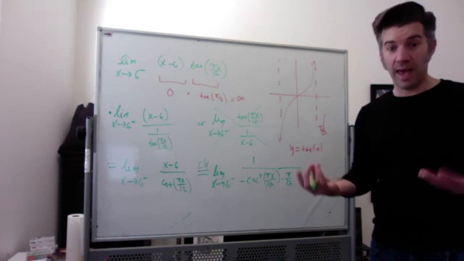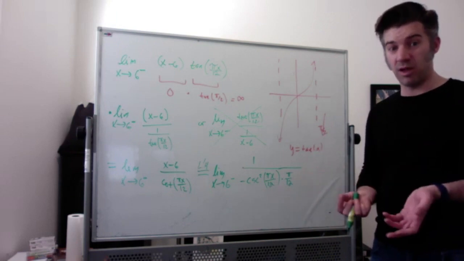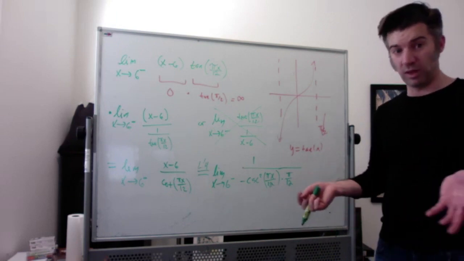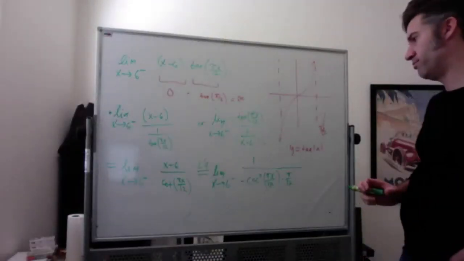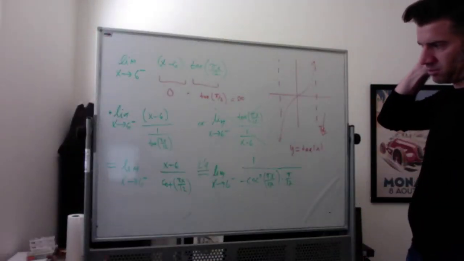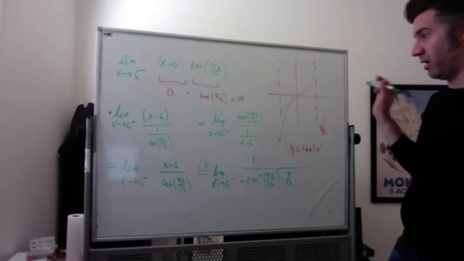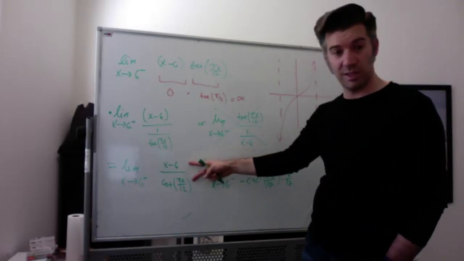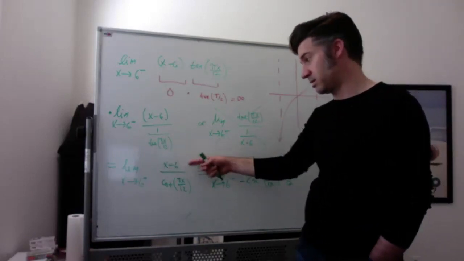Now we have to ask, can we just plug in 6 and get an answer? It's a really good question. If you plugged in 6 here, you would get 0 over 0. 6 minus 6 is 0.